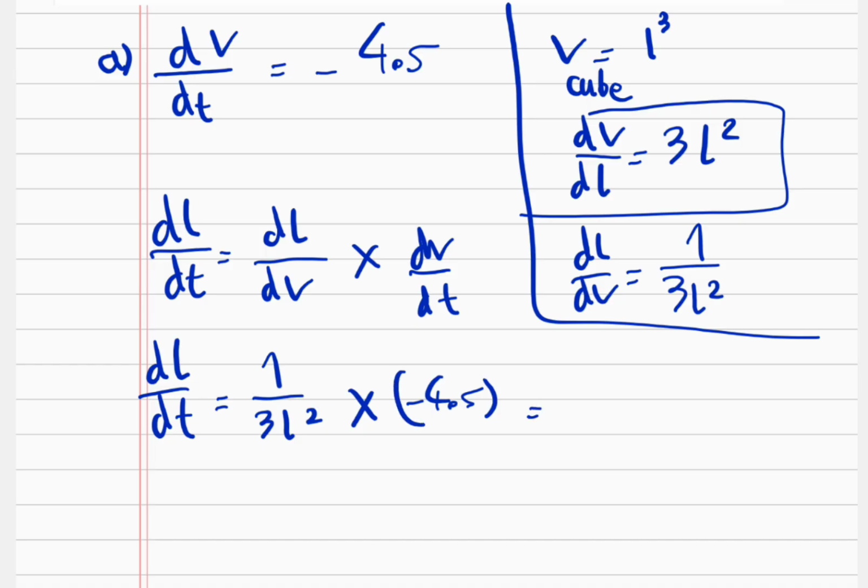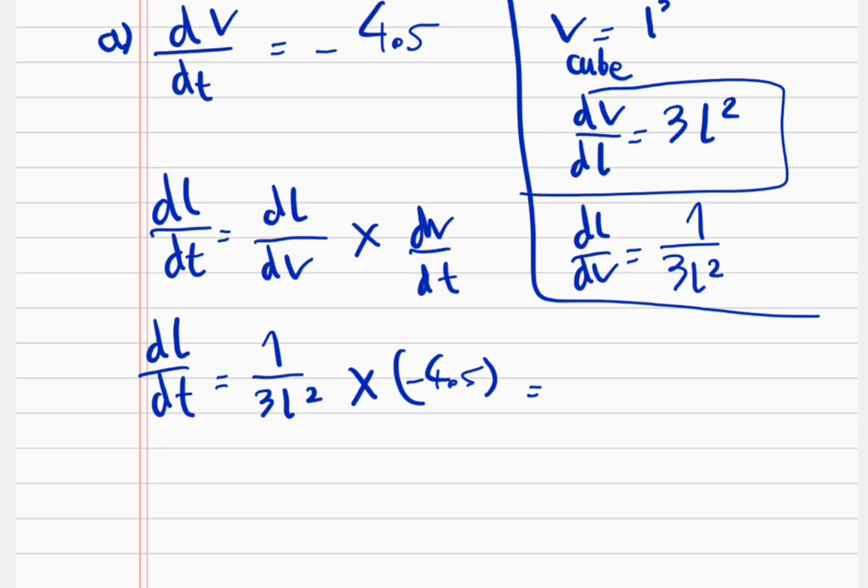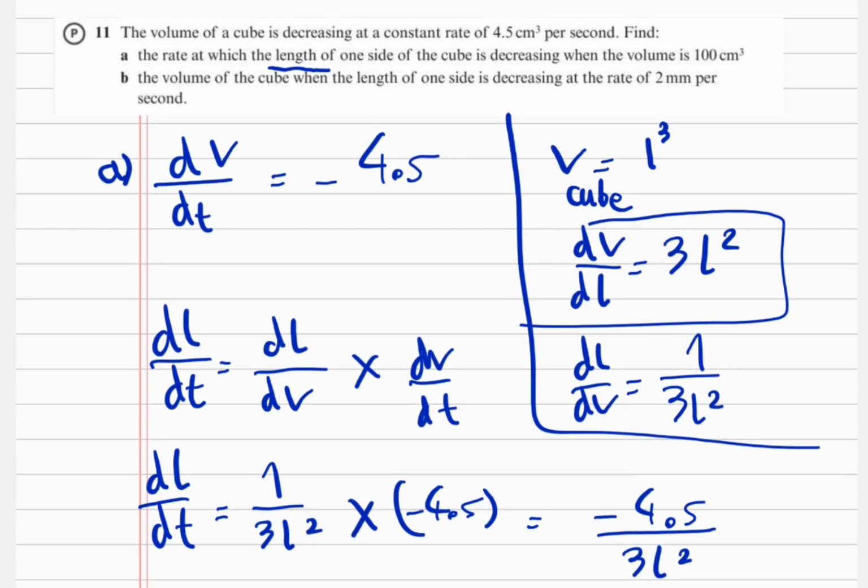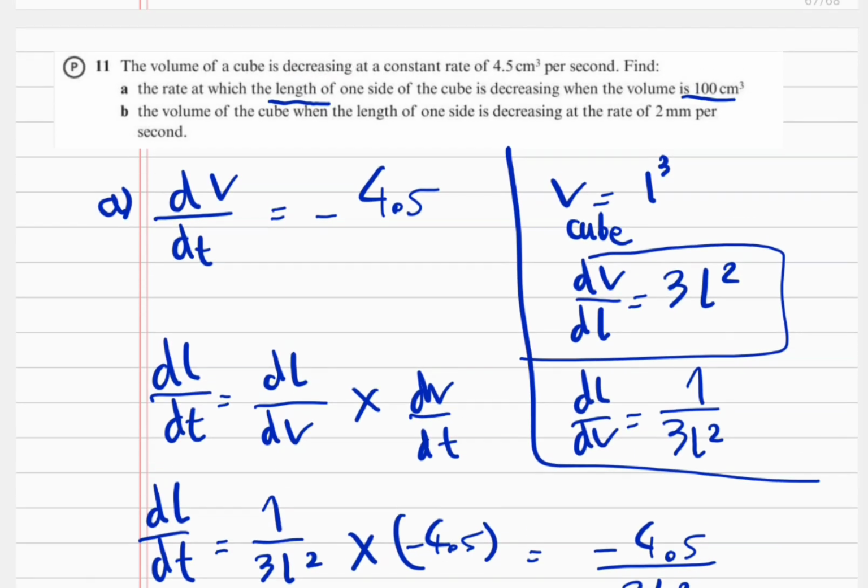Before I solve this, I need to remind you that we haven't found the value of L yet. For dL/dt we are going to have minus 4.5 over 3L squared, but we don't know the value of L. We can easily work out the value of L, because in this case the volume is 100 centimeters cubed, so we solve a simple equation: 100 is equal to L cubed, which means L is equal to the cube root of 100.